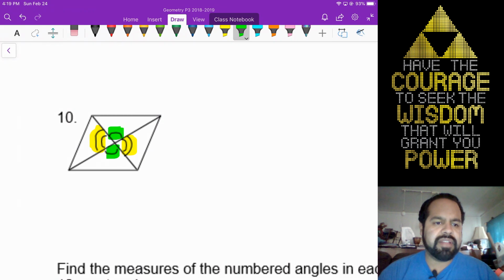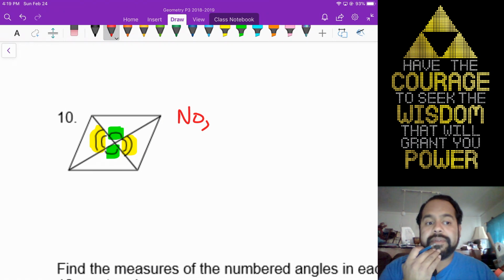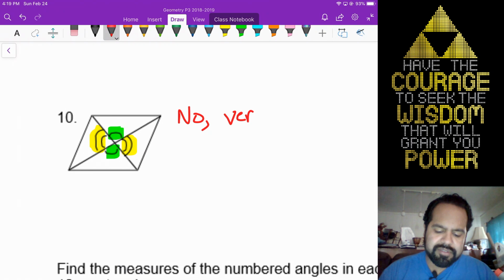You really have vertical angles anytime 2 lines intersect. So this is not a definite way of showing that we have a parallelogram. So I'm going to say no. In terms of reasoning, I have a couple different ways of saying this, but the strongest way, that I know for a fact this won't work, I can say vertical angles.